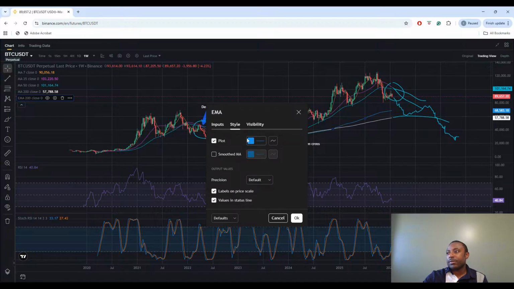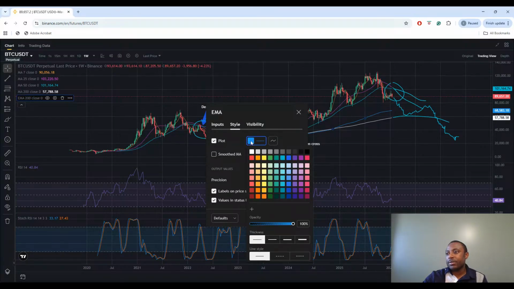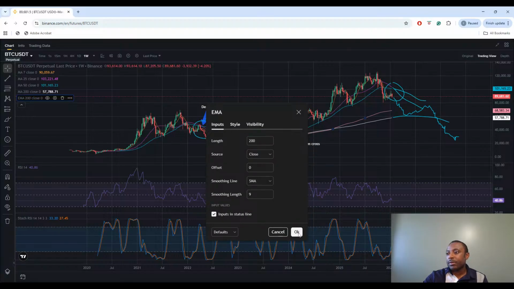And how about the color? So let's change the color. We have this green color. No, that one's not good. How about this one? No. Yeah, okay, let's use this.